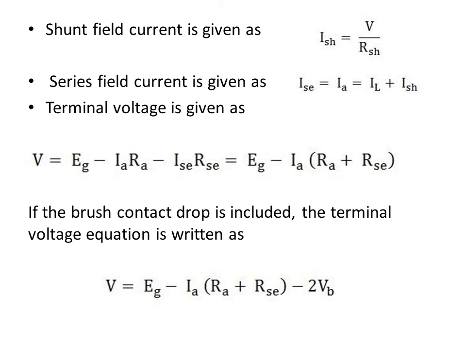The series field current ISC is equal to IA, which is equal to IL plus ISH. The terminal voltage is EG minus IARA minus ISC RSC, so EG minus IA into RA plus RSC. If we include the brush contact drop, then it is minus 2VP.